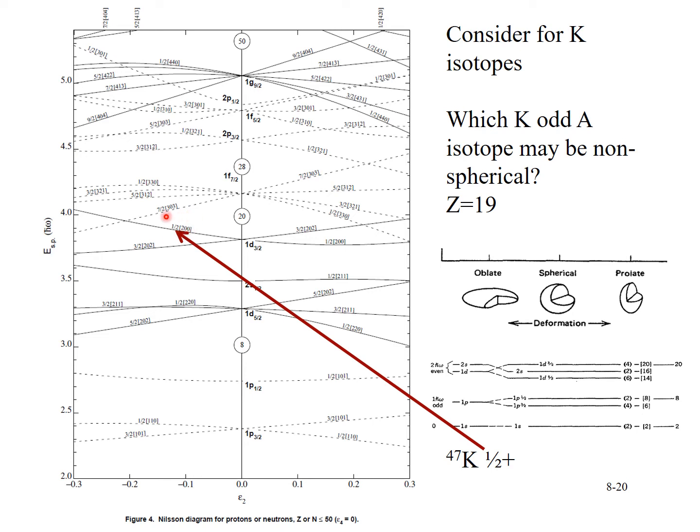Here's the spin of 1/2. This 2, 0, 0, the 2 indicates that it's in the D state, so it's a positive parity. This shows that potassium 47 is an oblate nucleus because it has a negative deformation parameter.